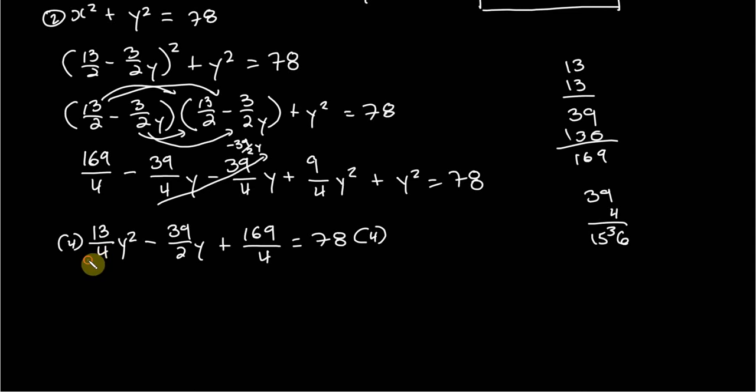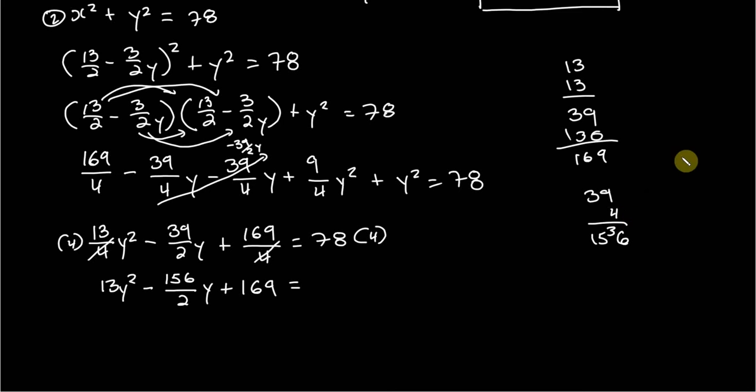So that's going to cancel out the denominator here, and here. So we're left with 13y squared minus, we know that 39 times 4 is 156, so it's 156 over 2y, and then the denominator cancels out here, so it's 169.